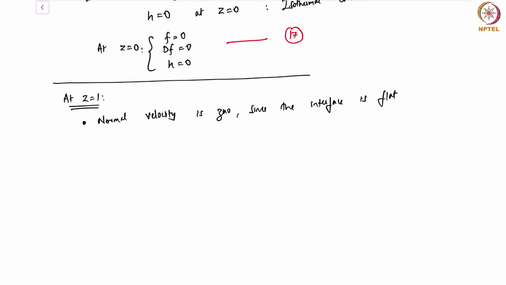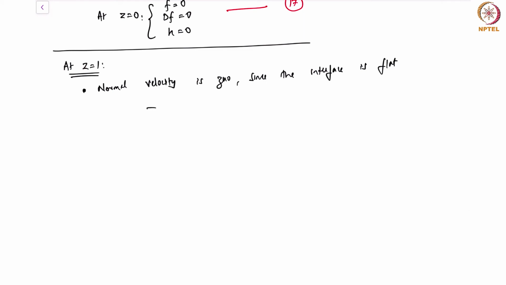One could also have undulations on the free surface, which has also been studied in the Marangoni instability context. But this will involve perturbations to the free surface height, and additionally we'll have additional curvature terms, and the Laplace pressure terms as well will enter the discussion. So we'll keep the analysis simple, and again the idea is to focus only on the Marangoni stress contribution. So normal velocity is 0, and this essentially means w hat is 0, and this translates to f is equal to 0 at z equal to 1.